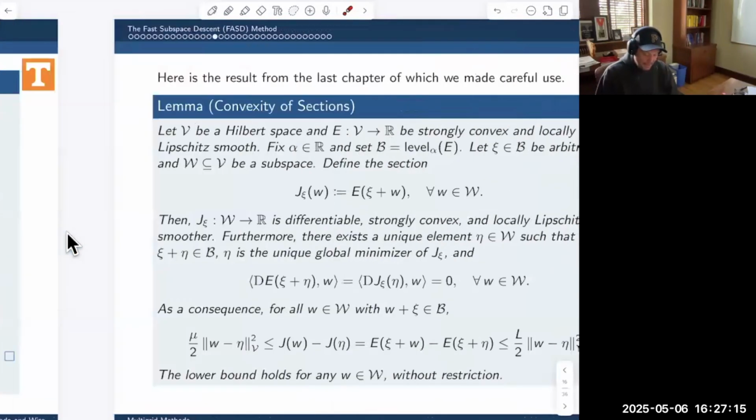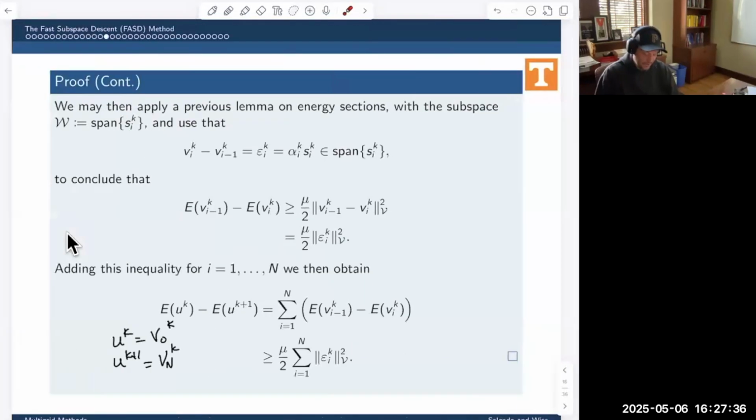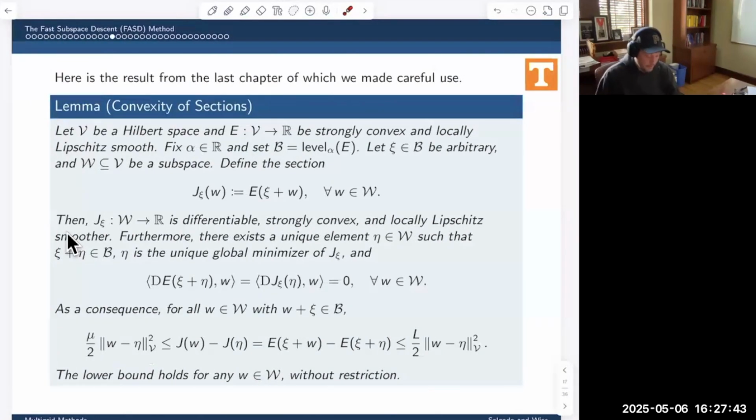And so I'm allowed to use the fact that I have the derivative equal to 0 along that energy section, and that allows me to use this inequality. The precise one that I'm using is this one: this difference in energies is greater than this difference. And where did I use that? I used it right here. That's it. So that's the lower bound on corrections.